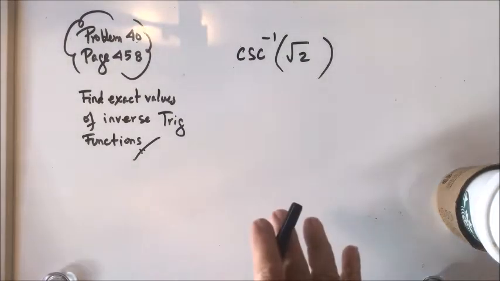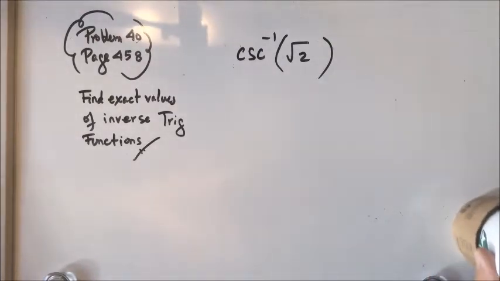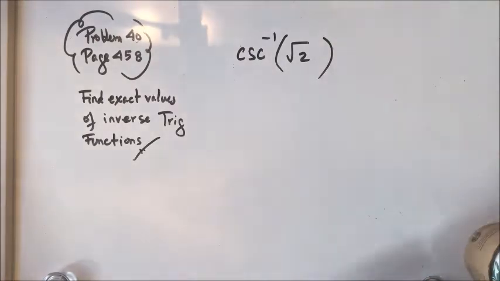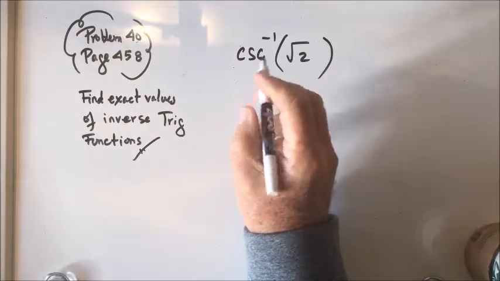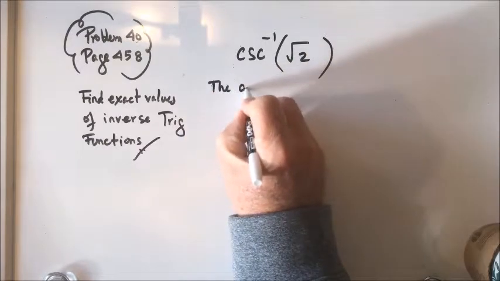And so that doesn't mean get your calculator, take 2, take the square root, and put it into the arc cosecant. I want you to work through the mathematics that are behind the arc functions here. So let's do that by remembering that the arc functions are angles.